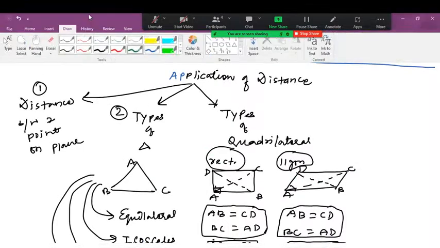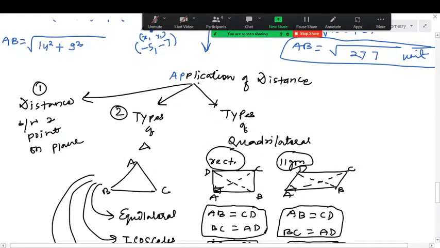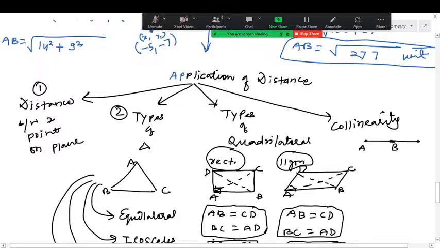One more application of this distance formula is in deciding collinearity. Let's say there are 3 points lying on a straight line, then you need to figure out all the possible pair distances AB, BC and AC.